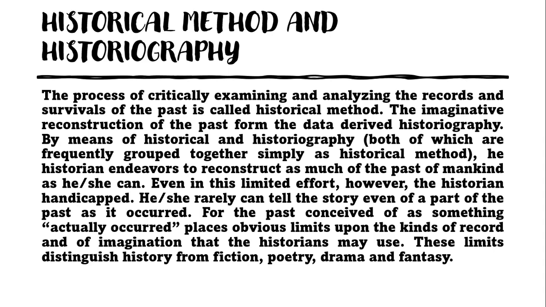So obviously, it limits the kinds of record and of imagination that the historians may use. So these limitations distinguish history from fiction, poetry, drama, and fantasy. So that is what we mean by historical method.